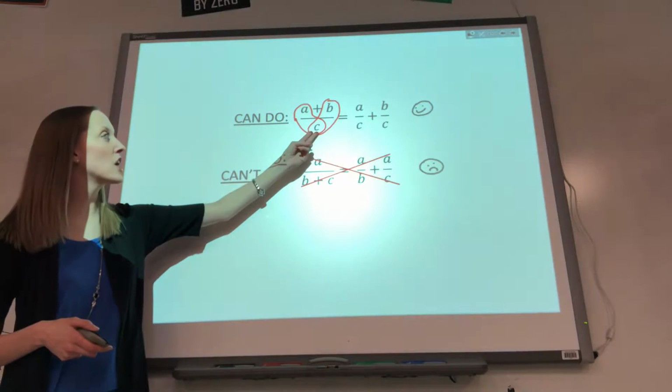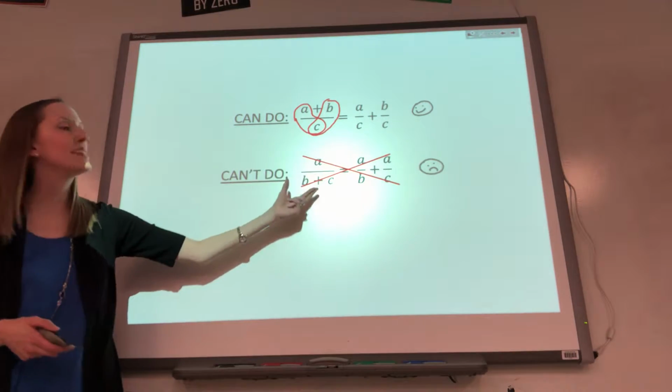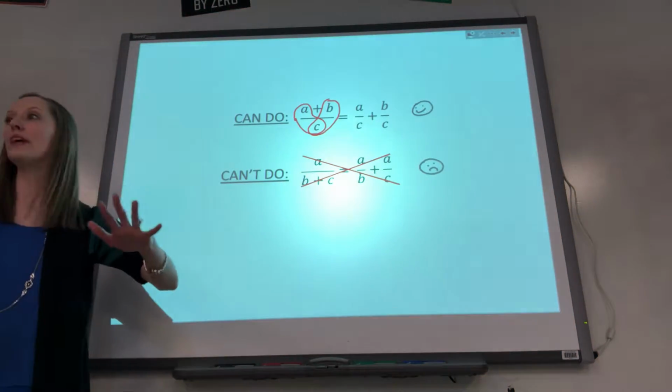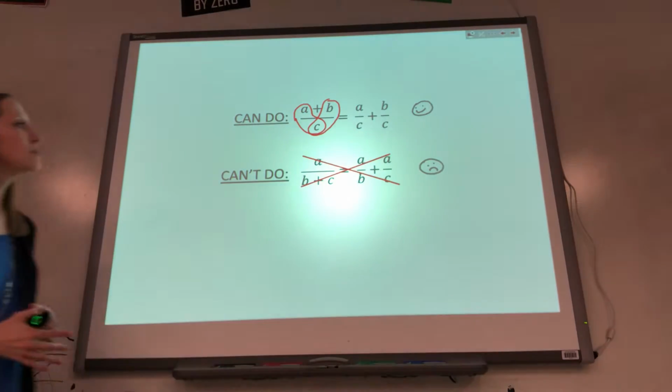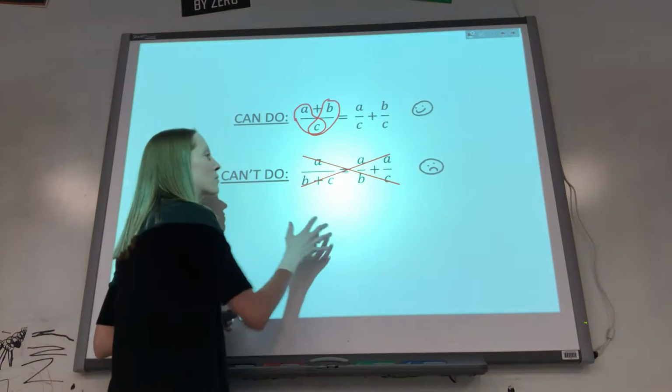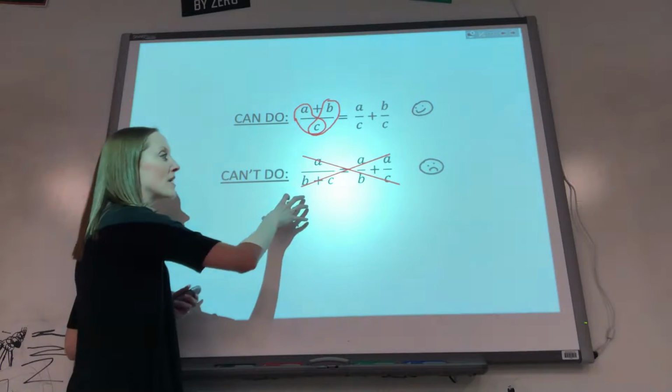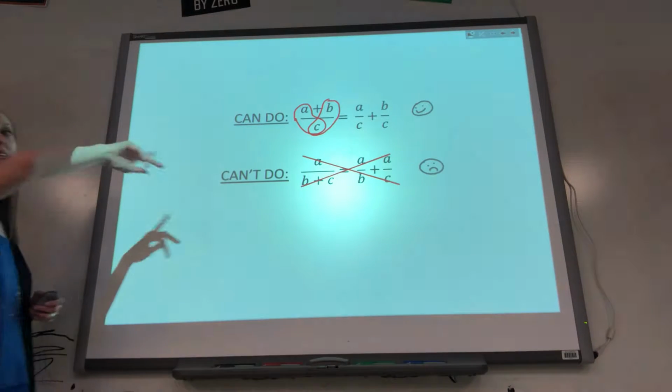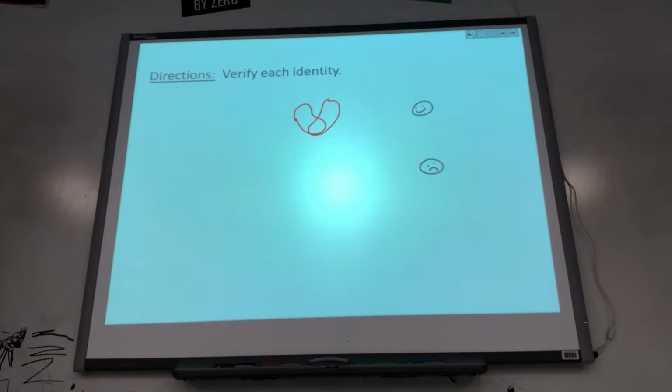Okay, if it's one term, go for it. If it's more than one term, don't do it. It's not allowed to be broken apart. So again, that seems pretty random right now, but I like to point that out because you're going to see something like this on the very first example today.